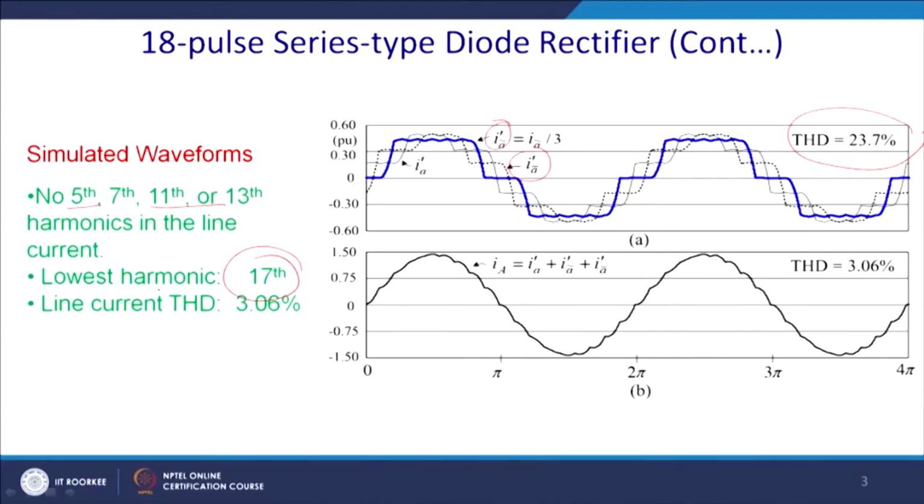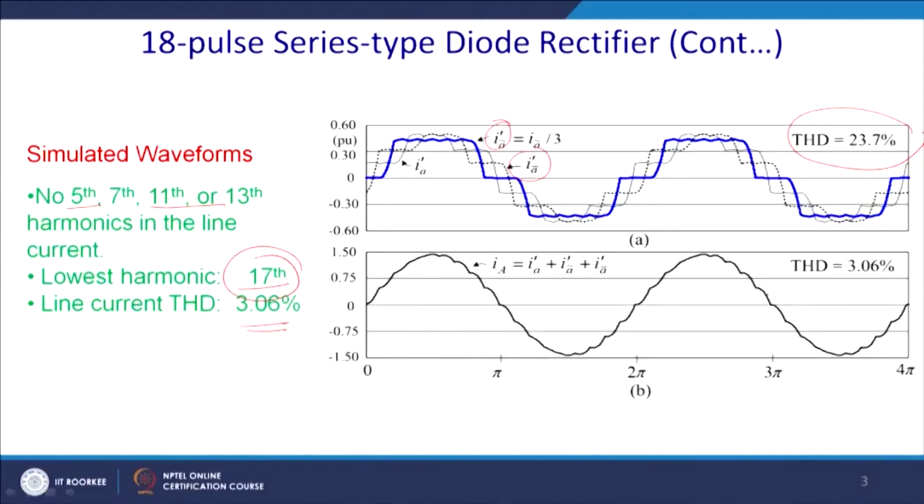So, the lowest harmonic after the fundamental will be the 17th harmonic, and thus you can expect the full load THD to be less than around 3%, which is within all the proposed standards, because generally they want the THD to be less than 3%, and you can get close to 3% at full loading. Ultimately this will look like the current profile in the star side.